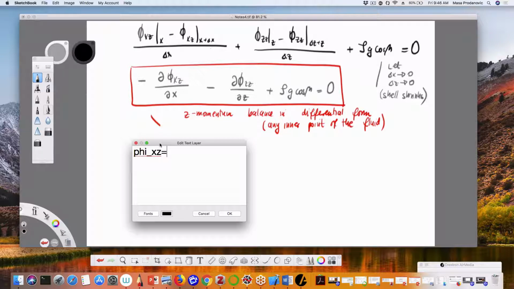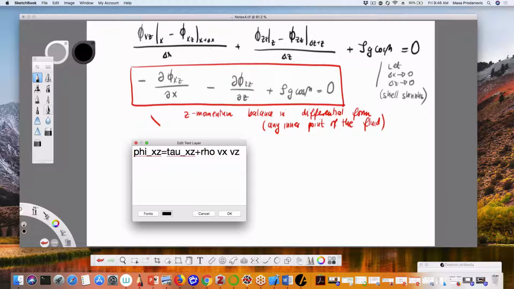Now, what is phi xz? My phi is combined momentum, right? Which components does it have? Pressure, does it have pressure in xz? No, so that part is 0. I have tau xz plus rho Vx Vz.